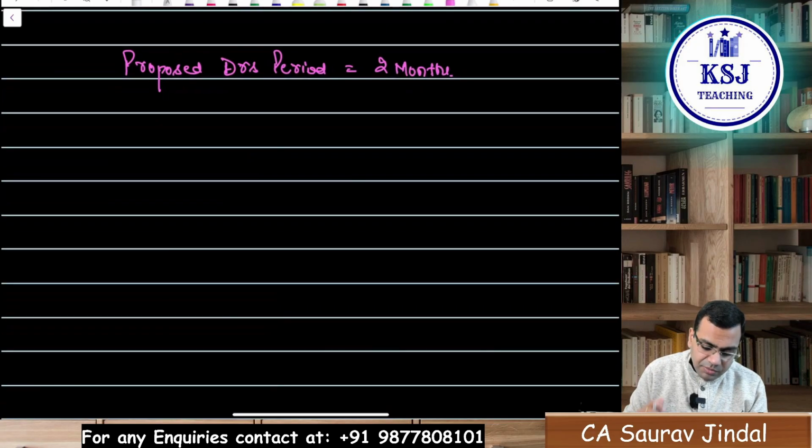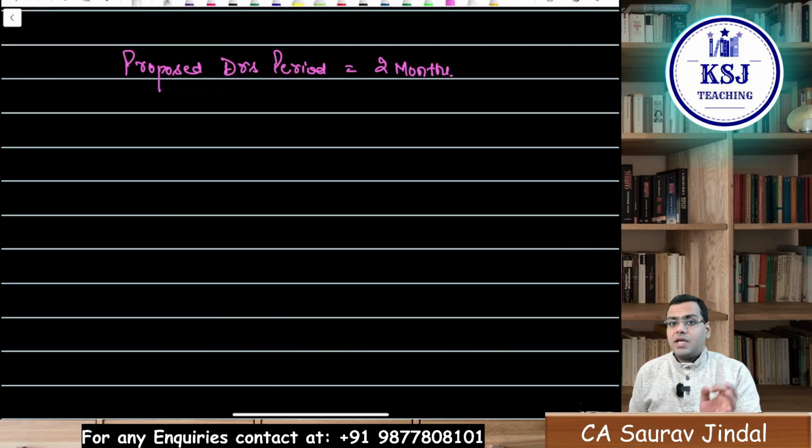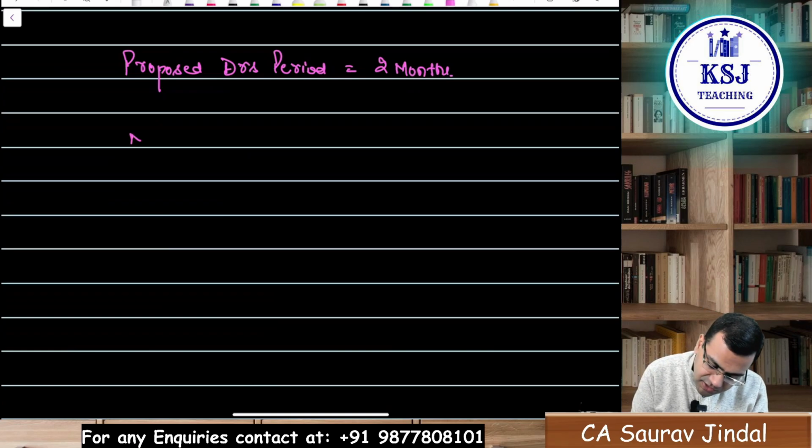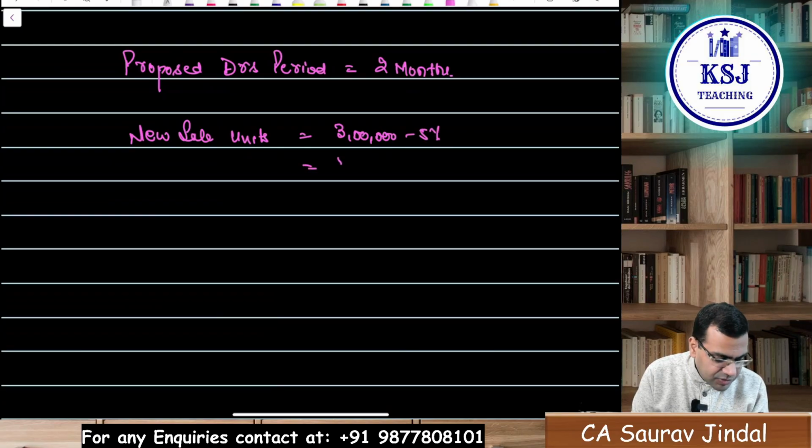Now, the proposed debtors period is 2 months. What is the impact of this reduction? New sale units will be 3 lakh existing units less a 5% decline in sales, which comes to 2,85,000 units.